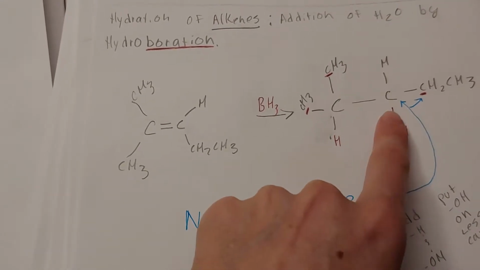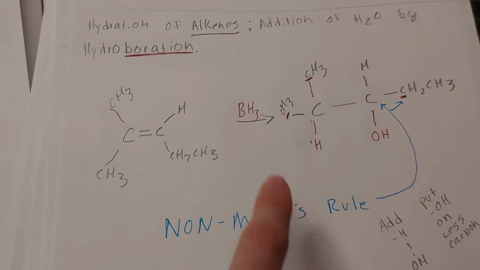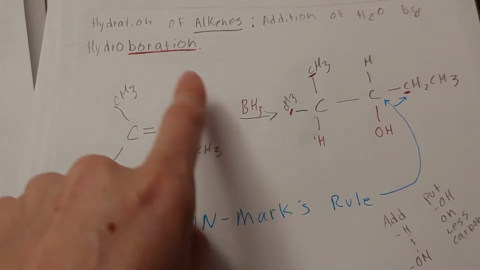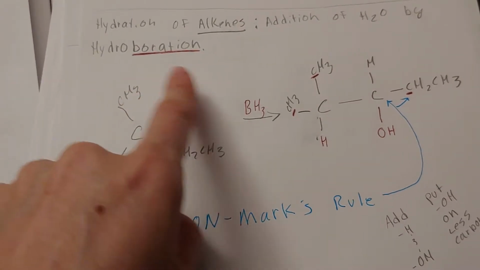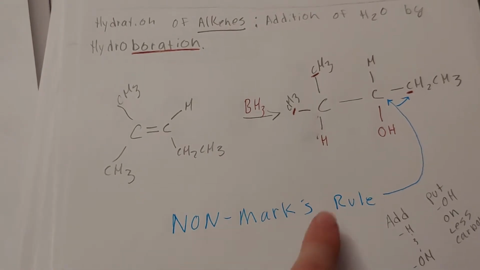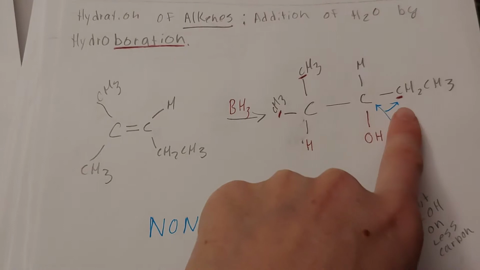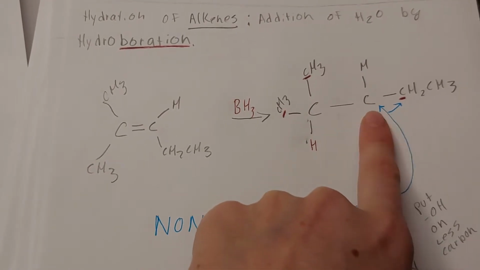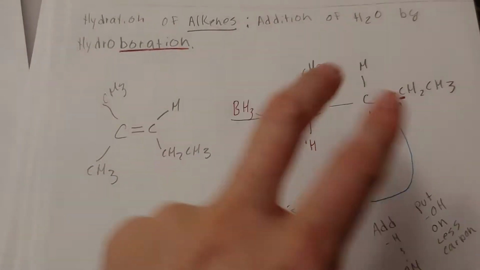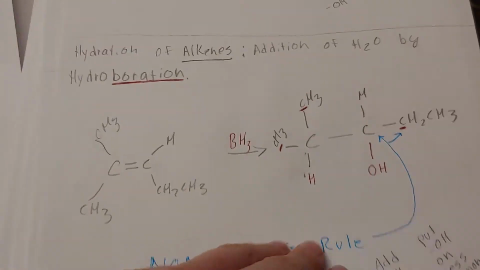We're so bored we can't make it over there. BH3 is going to be boration. Non-Markovnikov. So we're going to put the OH on this carbon over here because we're bored. We're not going to go over here. Again, we're adding two things. We're adding an OH. We're adding an H.